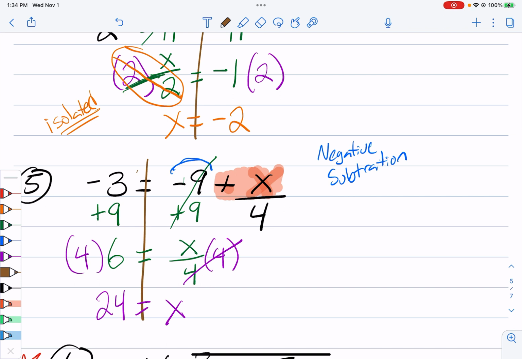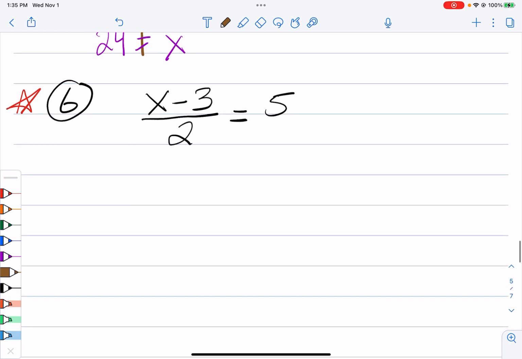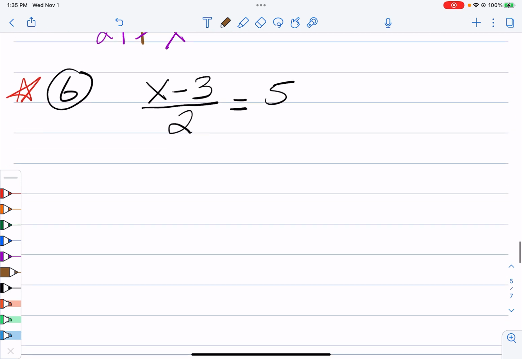Okay, we have 2 more problems left because they're special cases of something that you might see. And you will see it on today's assignment. So this is our very first special case. So in all of our other problems, the first thing that we undid was addition and subtraction.